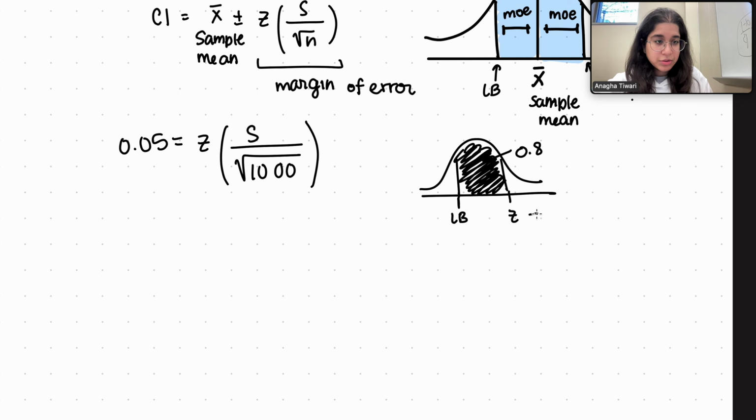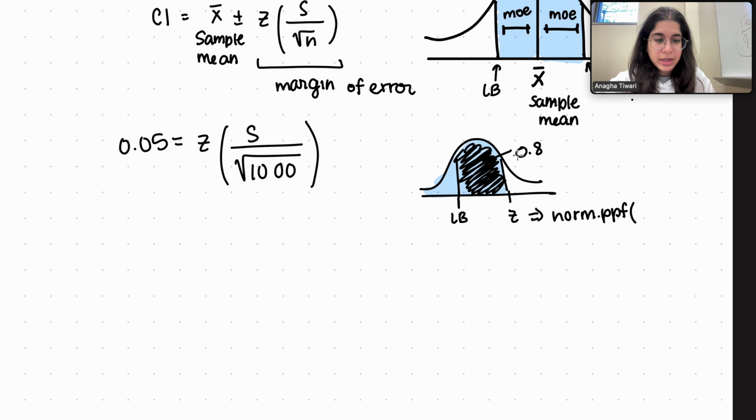I can use norm.ppf to find that upper tail z-score. But we need to keep in mind that norm.ppf accepts an area from the left: given a percentile, what is our corresponding z-score?